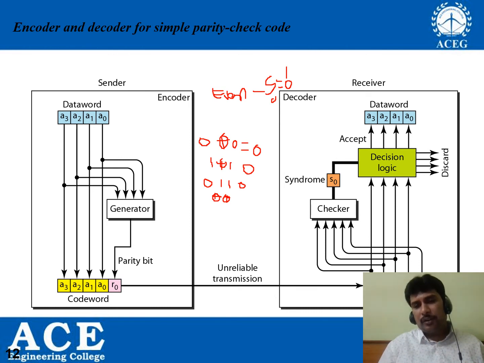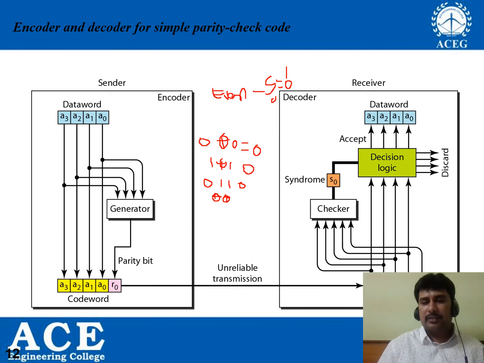But if we are following even parity and we get a syndrome value of 1, when do we get that? If one of the bits received got changed. Before we transmit, we ensure the total number of ones including the parity bit is even.